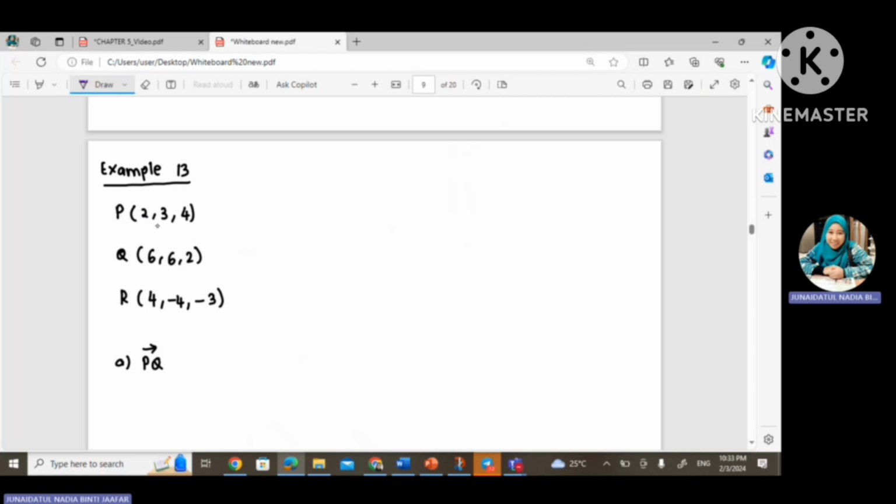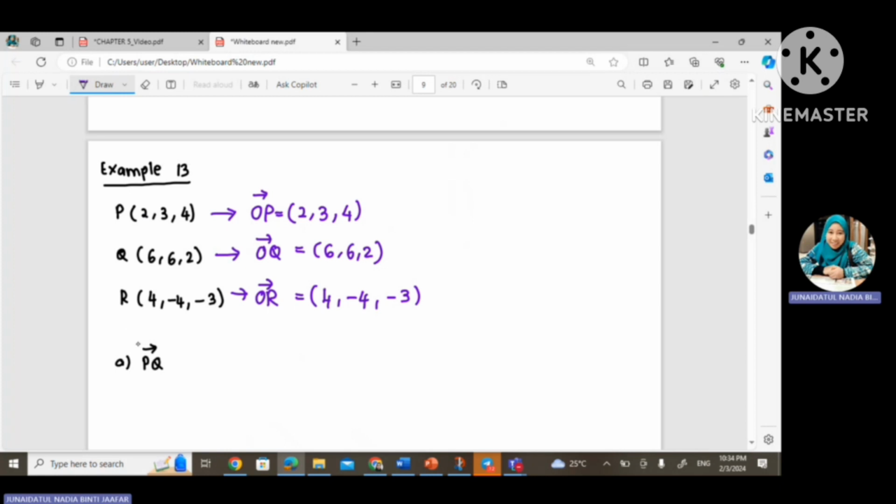So point P we can rewrite as OP, the position vector OP. So we have (2, 3, 4), and for OQ we have (6, 6, 2), and then OR is (4, -4, -3).